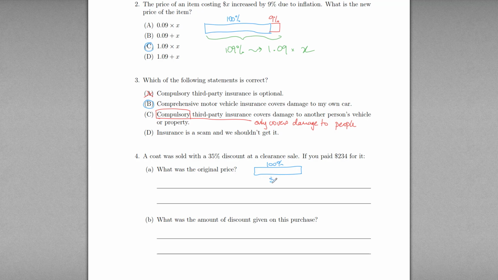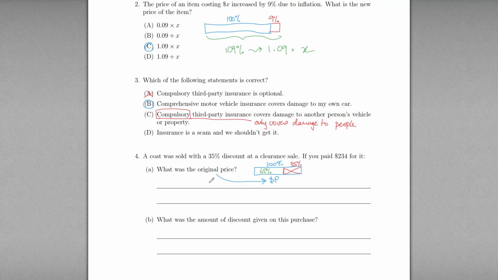We'll call it P. We then had a 35% discount, so that means that 35%, let me draw that here, got taken off. So then you got to think, well, what percent's left over? Well, that means that only 65% is left over. Okay, so 65% is left over, and that's how much we must have paid for it.